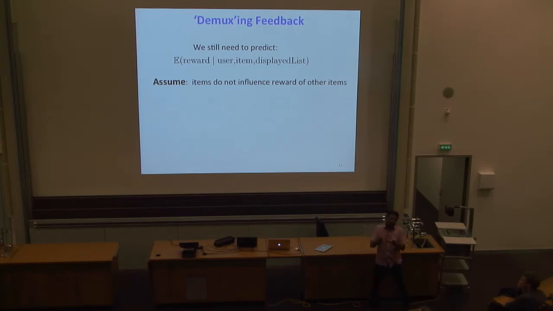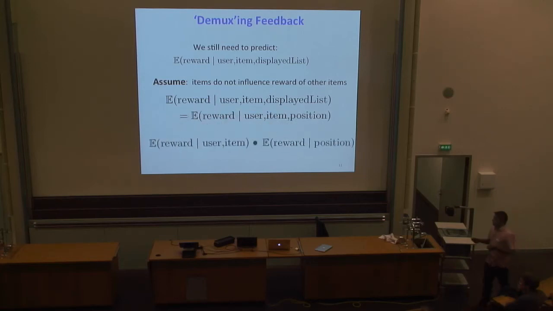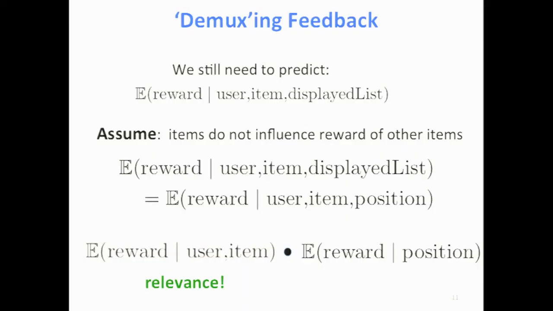Sometimes you might get a boosting effect because of related books, but we just discard that assumption. We just discard this factor. So then this reward function factorizes as the relevance term, which is how important or how effective this item is for this user, and a separate position term, which is the position effects.